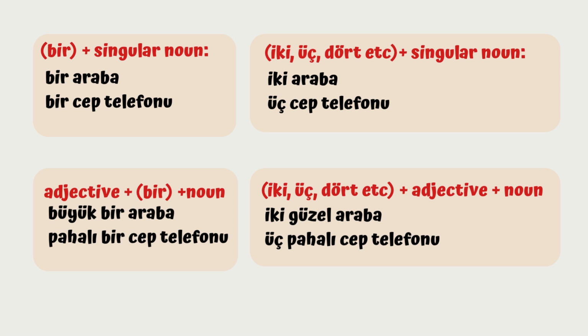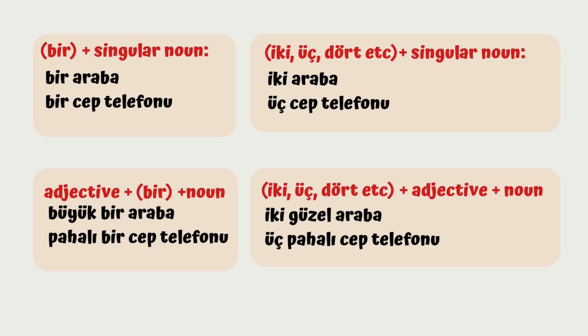And when we need an adjective, and if we have bir, the adjective precedes everything. However, if we want to use a number other than 1, then the number precedes everything, like these examples. So büyük bir araba, but iki güzel araba. Pahalı bir cep telefonu, but üç pahalı cep telefonu. You see how the number changes everything.